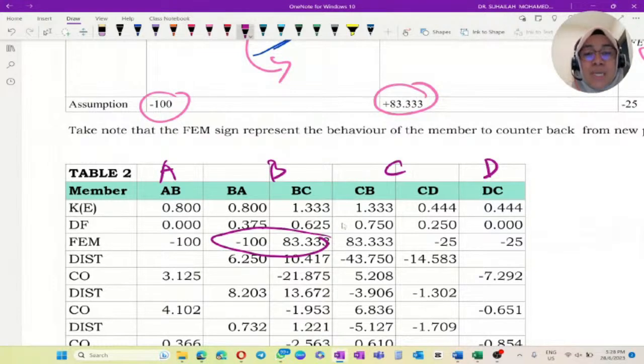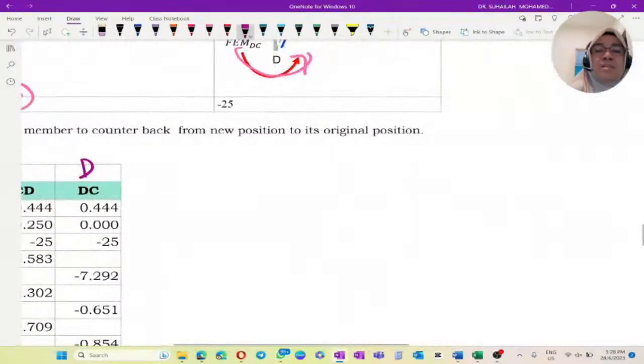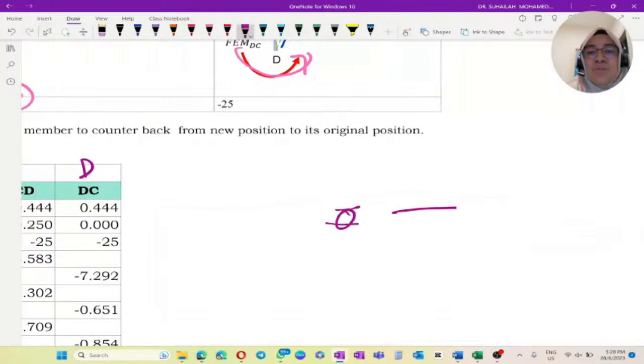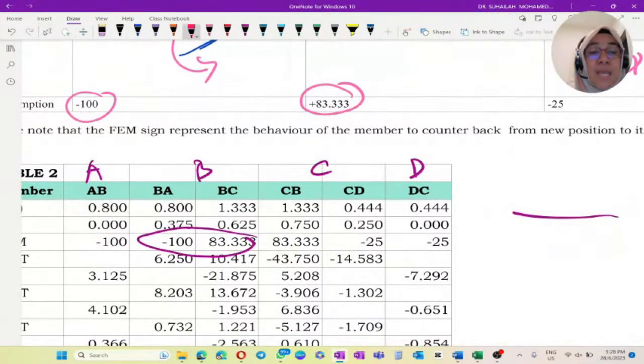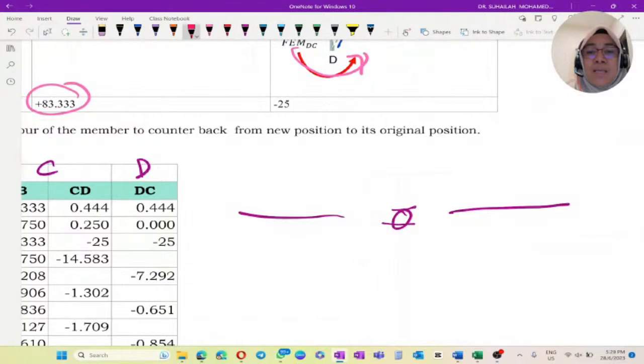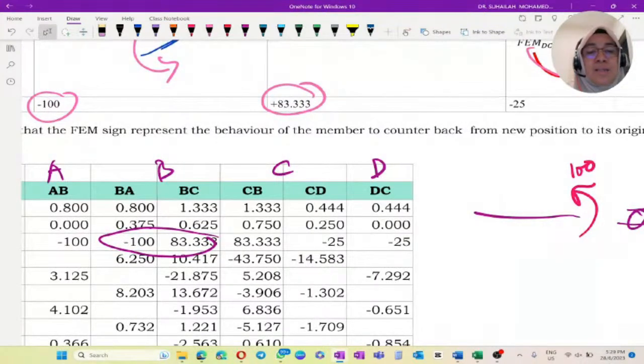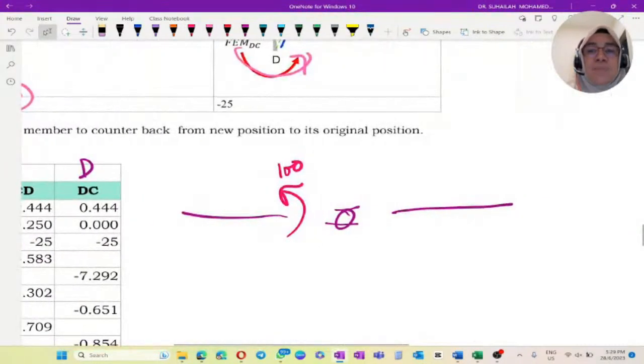Joint moment at B we get like this, using the concept taken from beam. The fixed end moment from BA is negative 100, and BC is positive 83.333.